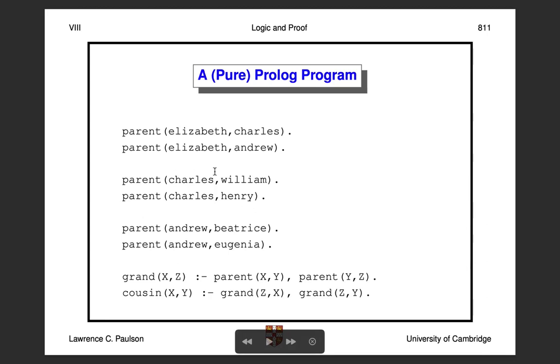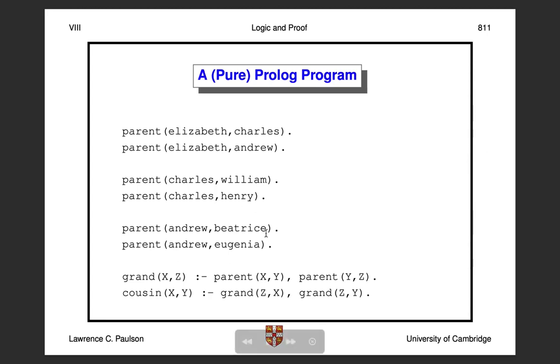Charles, parent of William, Charles, parent of Henry. And finally, Andrew, parent of Beatrice, and Andrew, parent of Eugenia. So we have 6 facts.